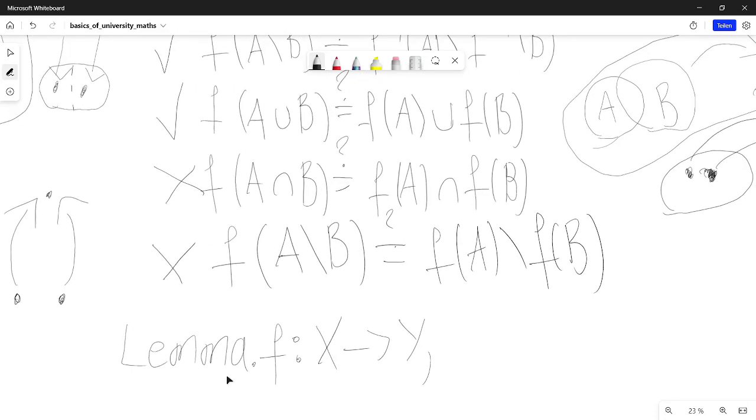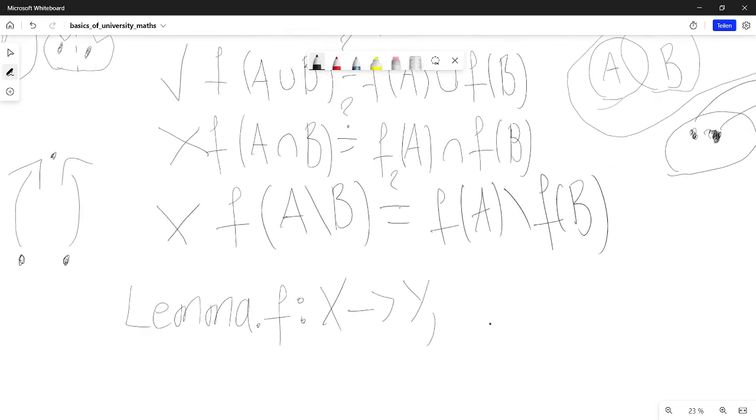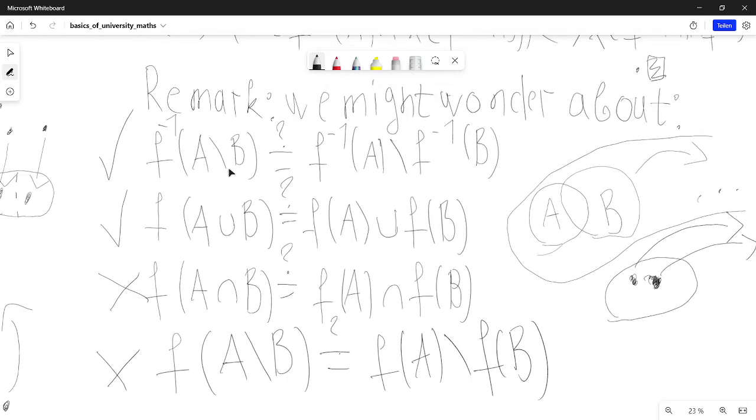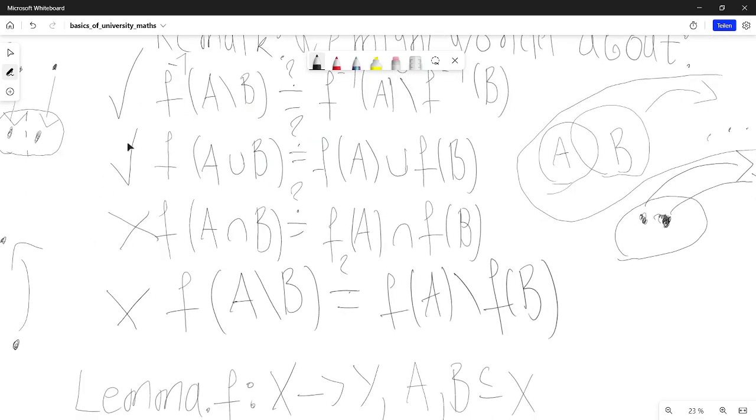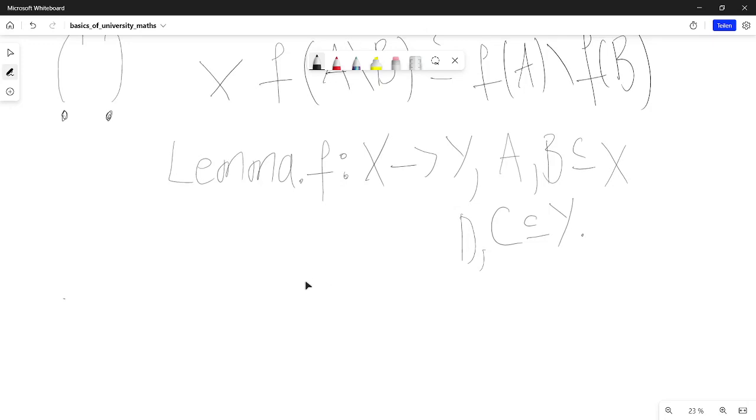We have B a subset of X, and we have C a subset of Y. I just used different letters than A and B because here A, B will be in Y, here A, B will be in X. Maybe it's a little bit confusing, so let's do it properly.